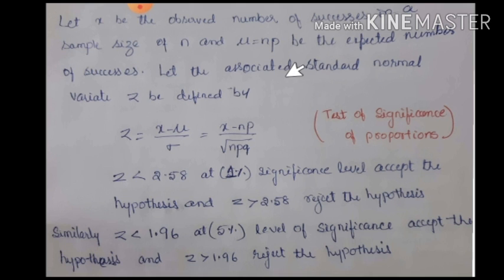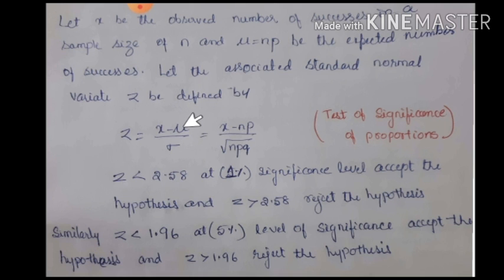In this association, the standard normal variate will change as Z equals x minus mu by sigma, which is a standard normal variate. In the case of a large sample, we studied it in the normal distribution.